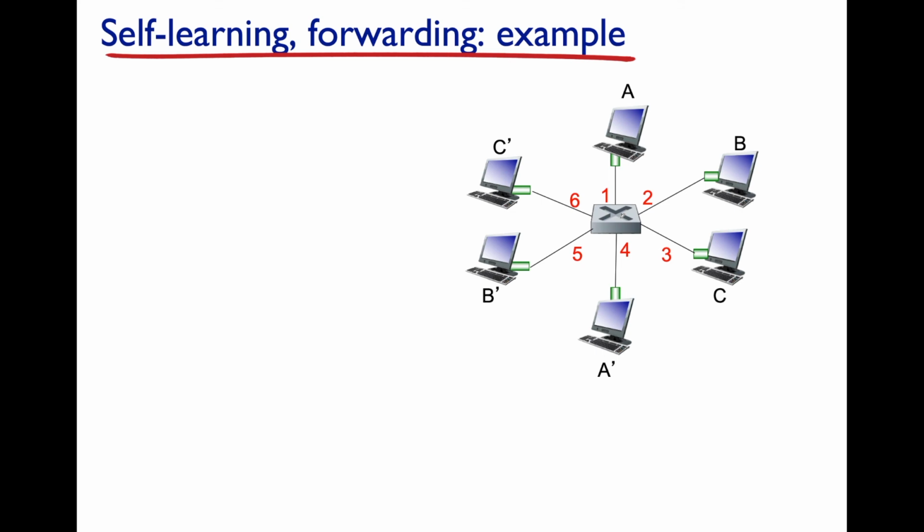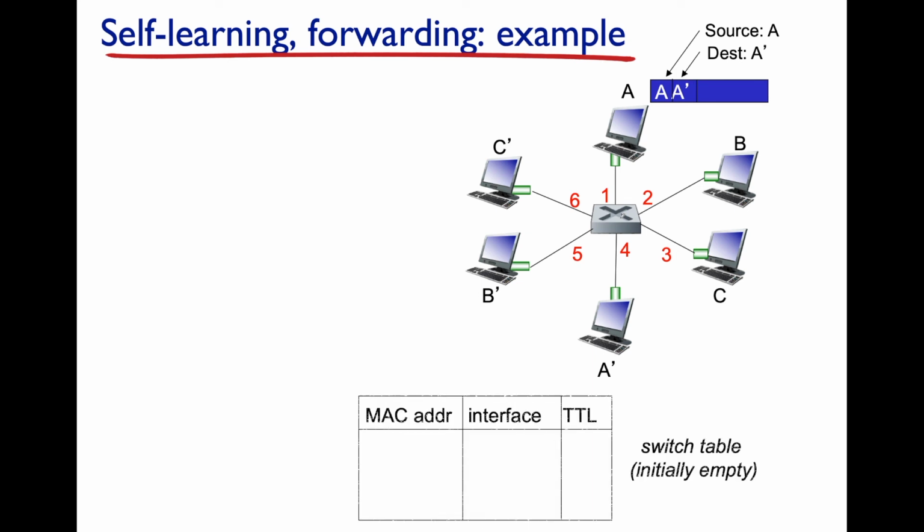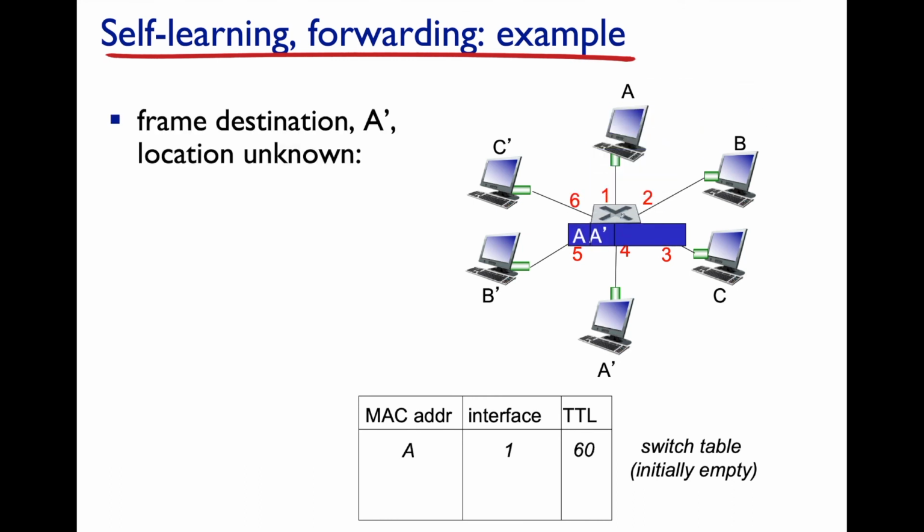All right, so let's take a look at this self-learning and forwarding example. Here host A is the source MAC address, and A prime is the destination MAC address. A sends this frame into the switch. It arrives at the switch, and the switch writes down that this came in on interface 1, and the source of this frame was the MAC address for host A. So it writes that down with the time to live field. Then it looks into its switch table and finds that there is no entry for MAC address A prime.